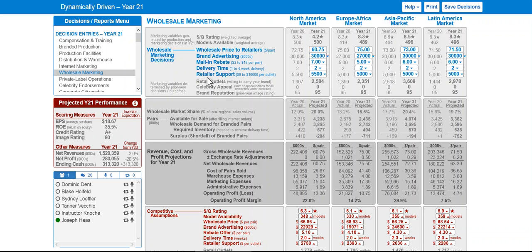So other ways to increase demand is to increase mail-in rebates. The more you offer mail-in rebate, it increases demand, but there's a diminishing return, and you kind of have to play with these numbers to see at what point you're paying too much for the demand. And the same goes for delivery time.